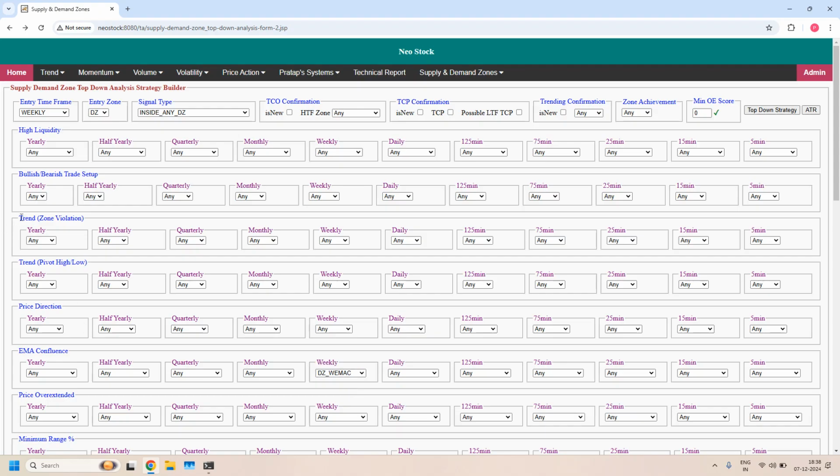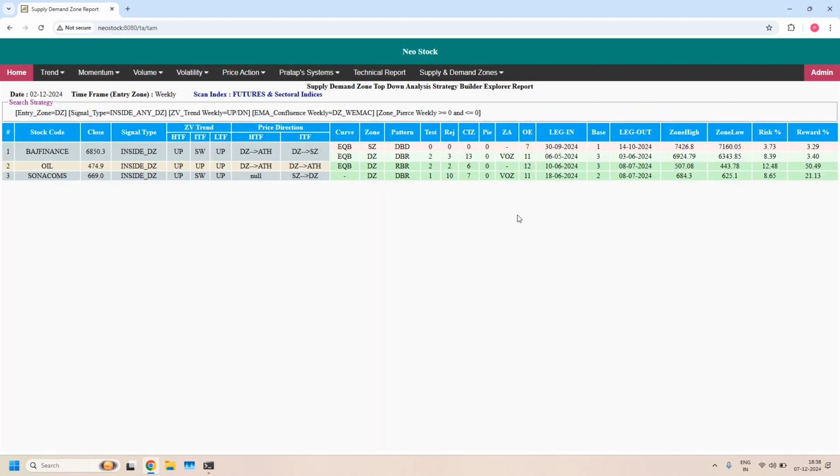Sideways we have to eliminate. So in the zone violation trend at weekly time frame, I am selecting trend as up or down trend. Only those stocks will display. Out of those 10 stocks, we got only 3 stocks. These 3 are high probability trade setup related zones based on weekly EMA Confluence. And the weekly trend is up in all the 3 stocks.